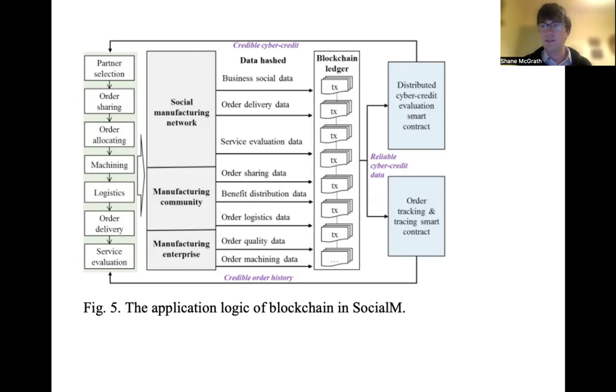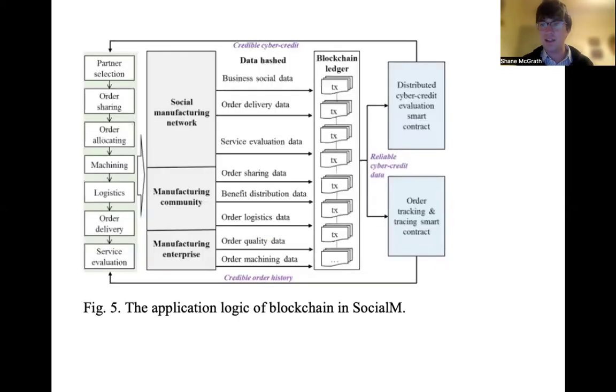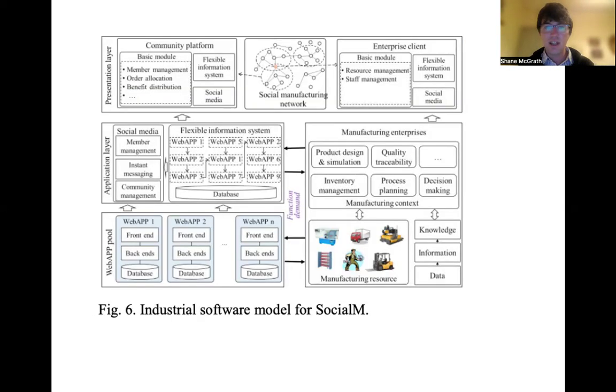Blockchain is how all the stuff is run together, the glue. So this is the baseline technology. AI will probably be the next baseline technology on top of that. So it's probably blockchain, social media, and then AI, the three core components of social manufacturing.